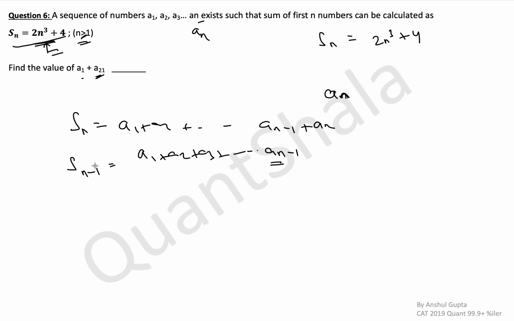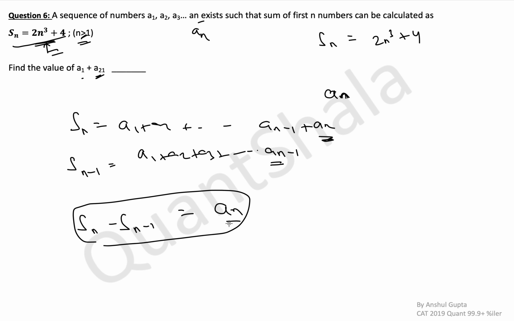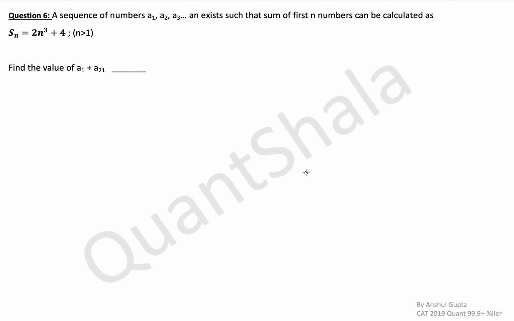If you subtract both of these, what you get is an on the RHS, and on the LHS you get Sn minus S(n-1). So now you know how to calculate the nth term of any sequence given the sum. So an is equal to Sn minus S(n-1).